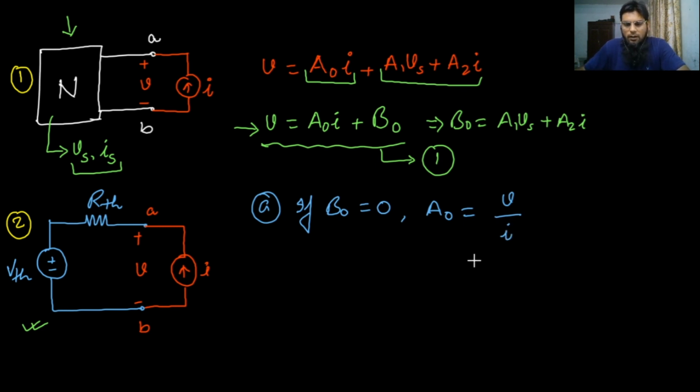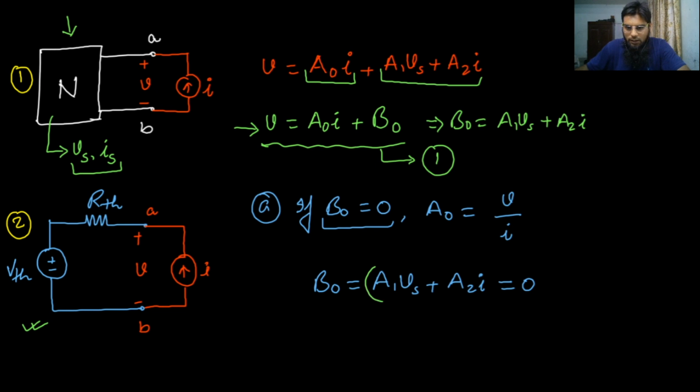Okay, let us now analyze this condition. What is the meaning of saying B naught equal to 0? We have this B naught as A1 Vs plus A2 Is. Now if we are putting this B naught to 0, what we are actually doing?